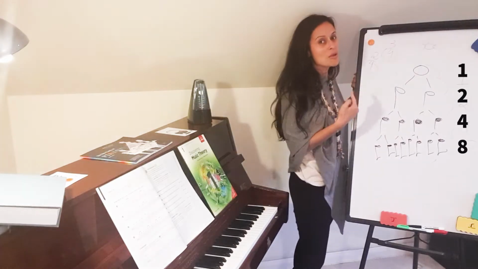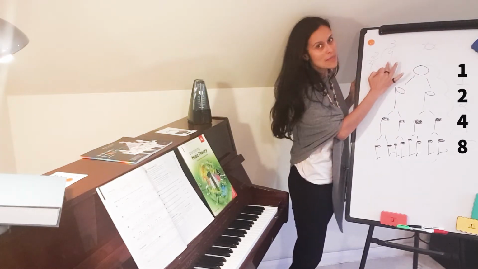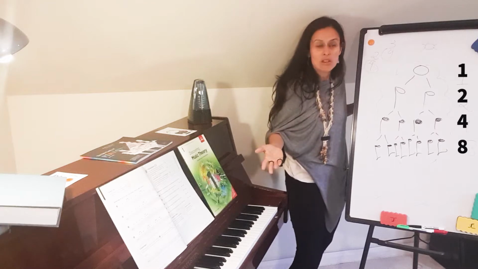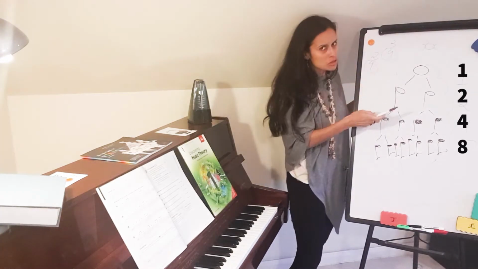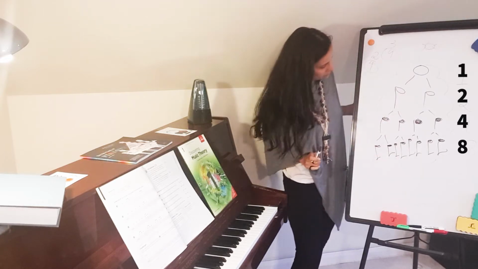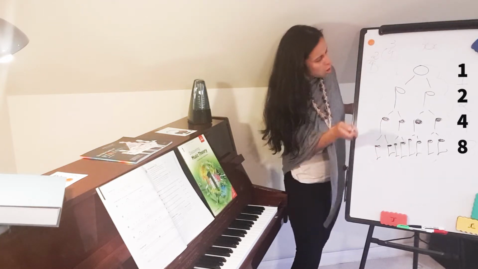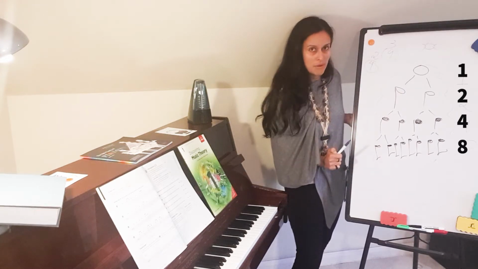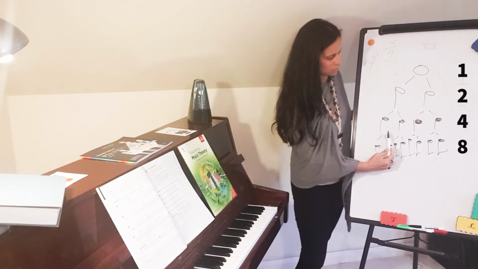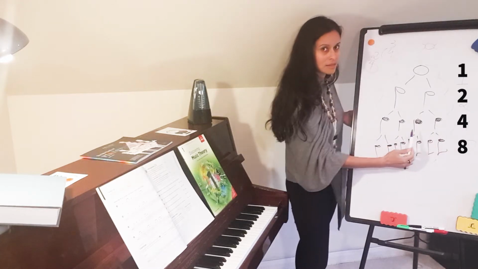Because now I'm going to tell you why we have the number 4 at the bottom, or sometimes 8, or sometimes 2. So number 4, if you look at your time values tree here, what note value is represented by the number 4? Crotchets.